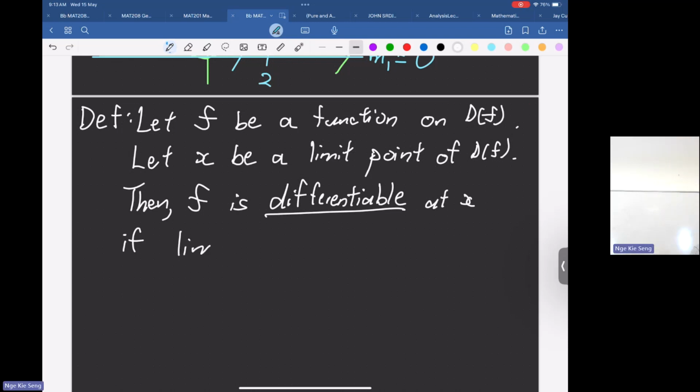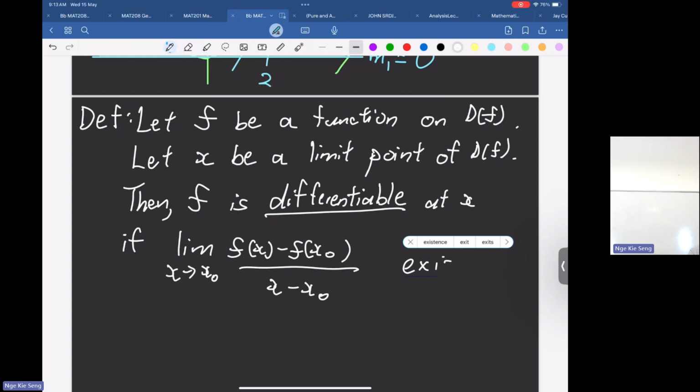If the limit of the nearby secants exists. If this number here exists. So for f(x) equal to x squared, this limit exists, which is 2x.